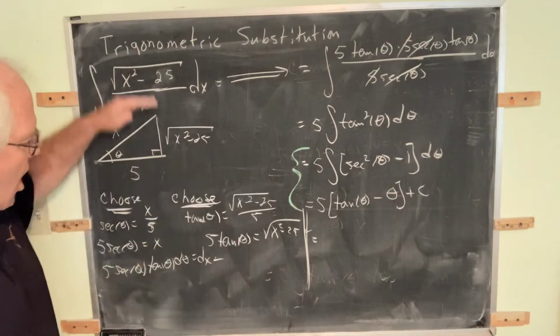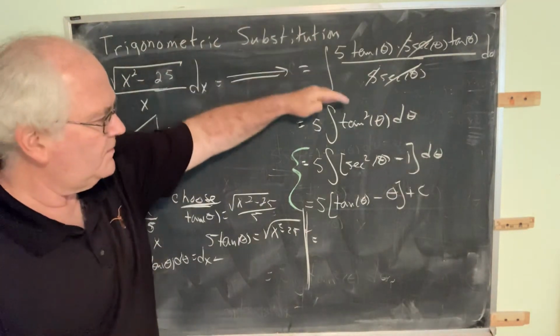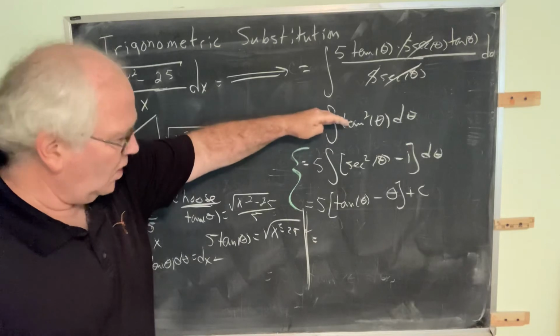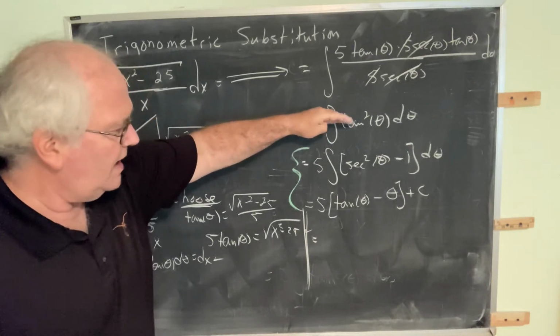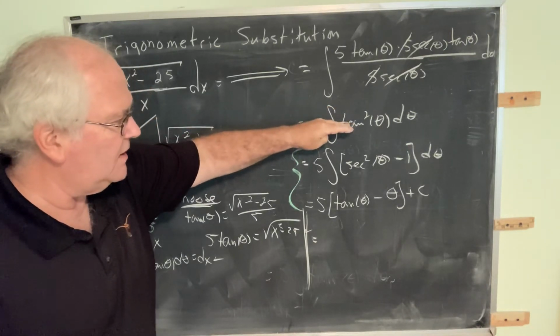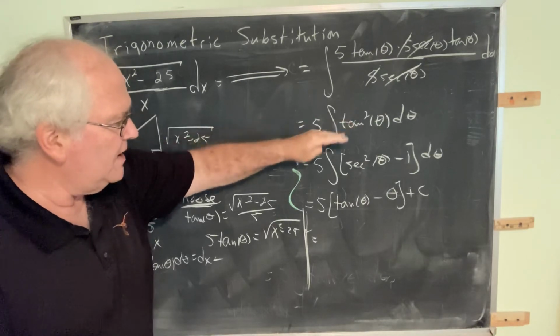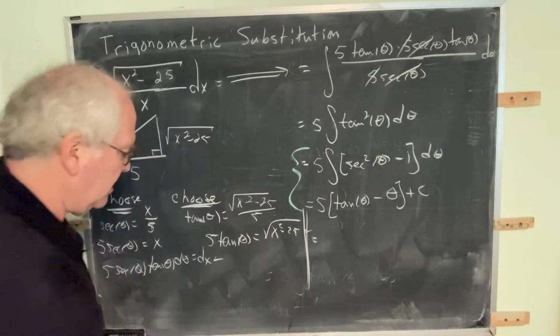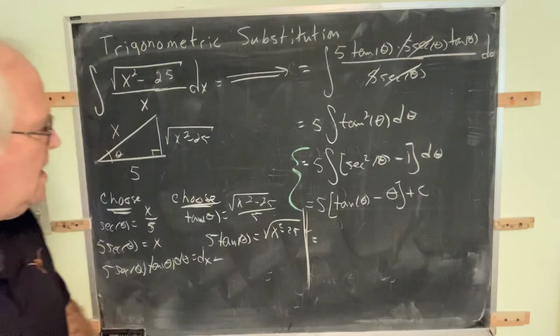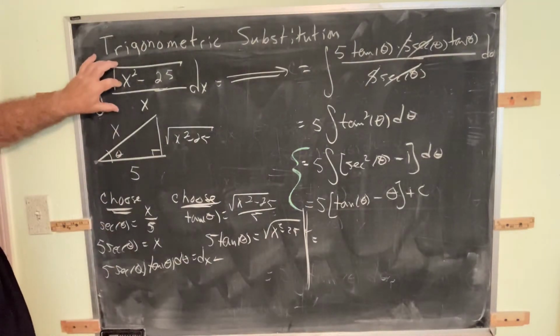That's it. All of this is getting your ducks in a row. Then you work the trigonometric integrals, and that's just changing the form of the expression. This step right here is the actual calculus. And now we go back to the original variable.